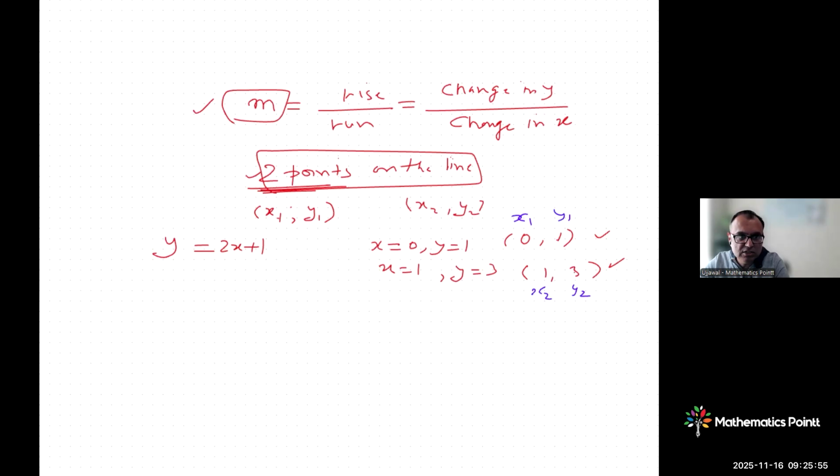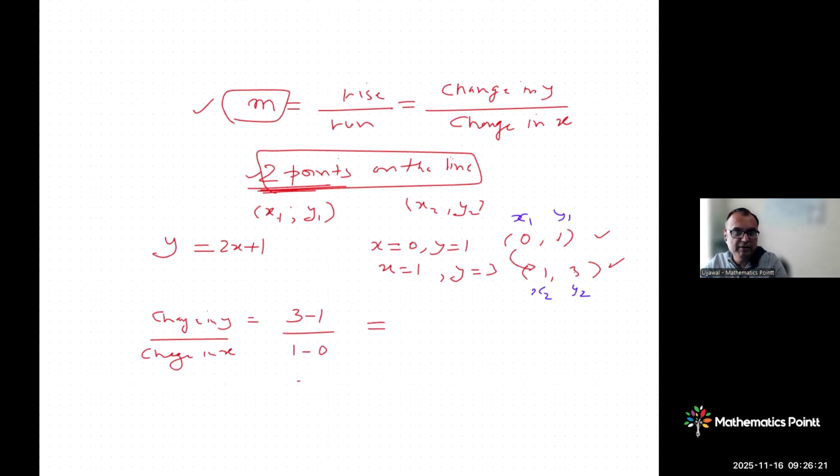So my change is 3 take away 1. That's the change in y over change in x. How much has x changed? X has changed from 0 to 1. 1 take away 0.